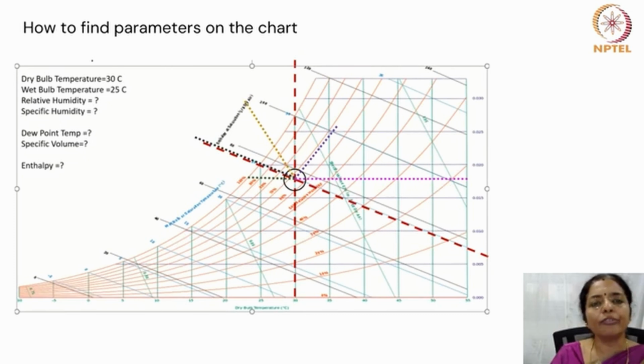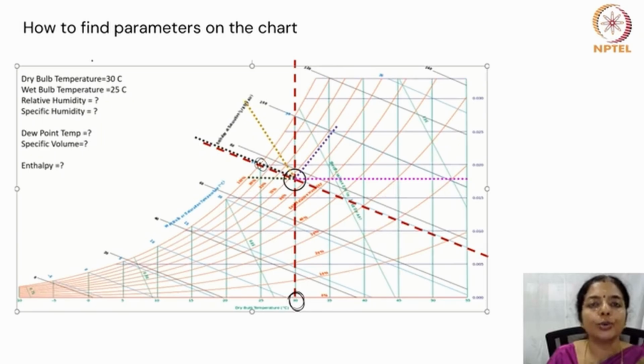Now, how do we find the parameters on this chart? So, suppose you have a dry bulb temperature of 30 degrees centigrade. What should you do? You should mark the dry bulb temperature point here. And suppose the wet bulb temperature is 25 degrees centigrade. So the 25 degrees centigrade is here. You need to find the relative humidity, the specific humidity, dew point and specific volume, say.